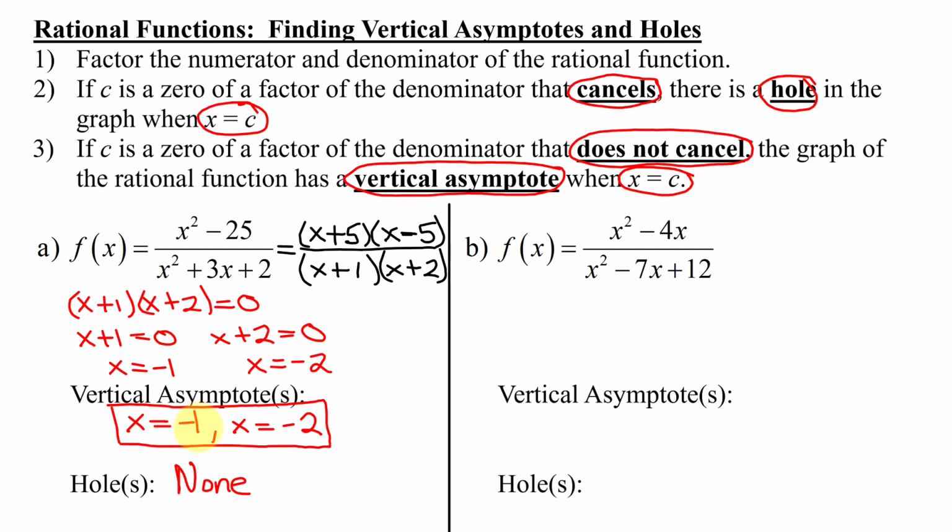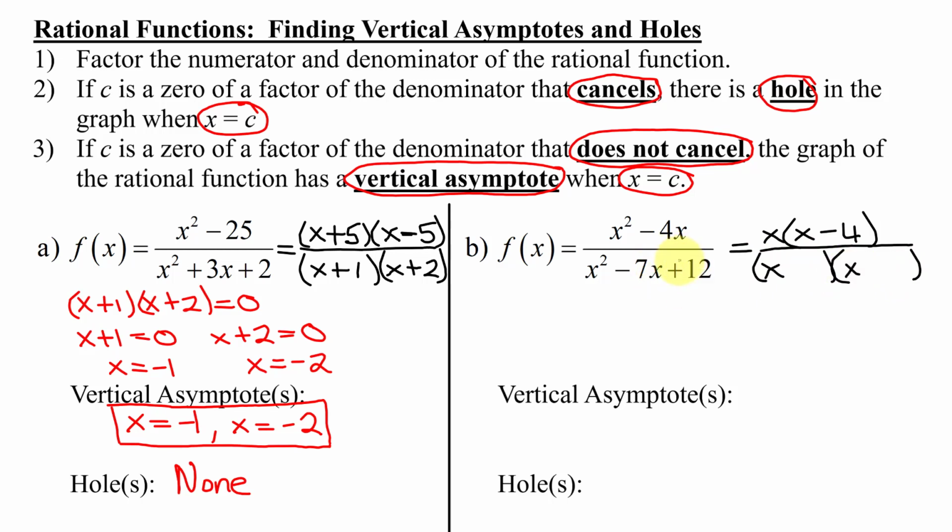Now, looking at the next example, let's see if we can factor the numerator. Two terms, they have an x in common, so factoring out an x, it's going to leave me with x minus 4. And looking at the denominator, x squared, so if this factors, I'm just going to have an x and an x.